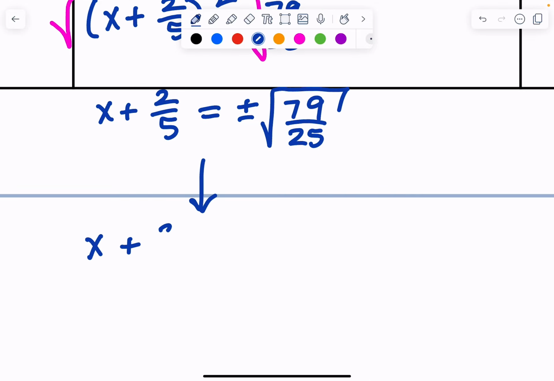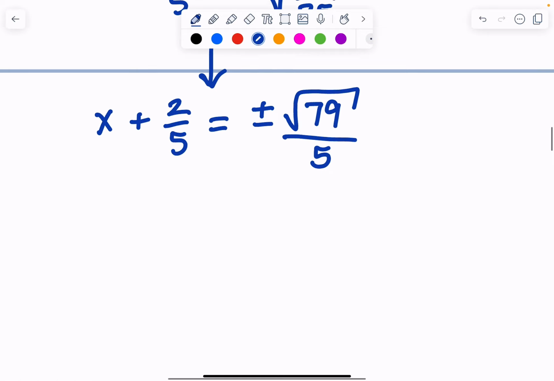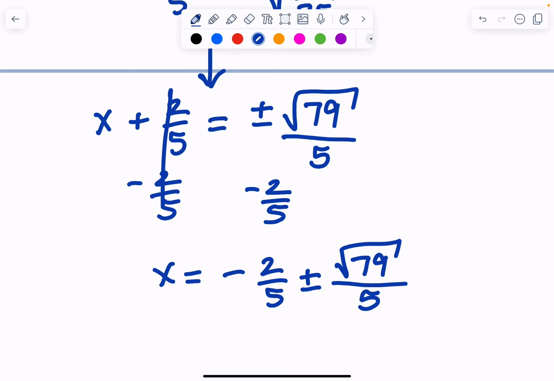So we've got x plus 2/5 is equal to plus or minus square root of 79 over just 5. I'm going to subtract 2/5 from both sides. And I've got x is equal to negative 2/5 plus or minus the square root of 79 over 5. I'm just going to throw on the set brackets again.